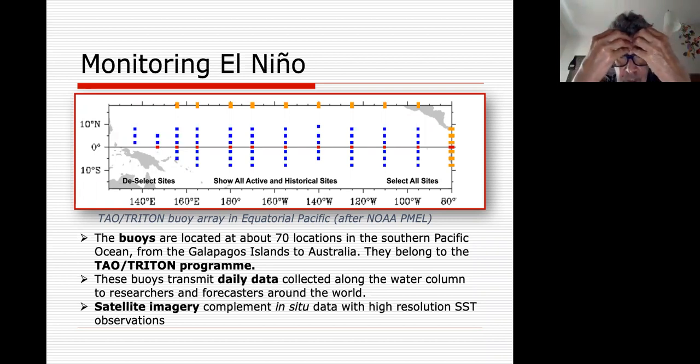Both try to capture the equatorial dynamics, even if the dynamics is not similar to the Niño. Say Niño is peculiar, but they are still important. The equatorial dynamics of ocean-atmosphere interaction is so important at the global scale that the effort is paid not only for science but also for societal issues.